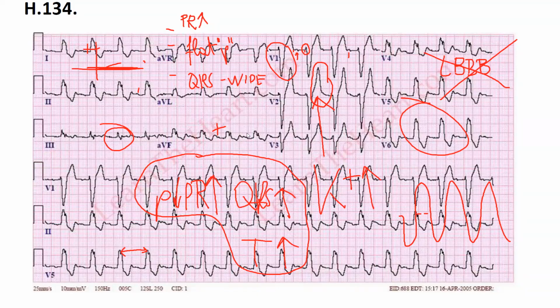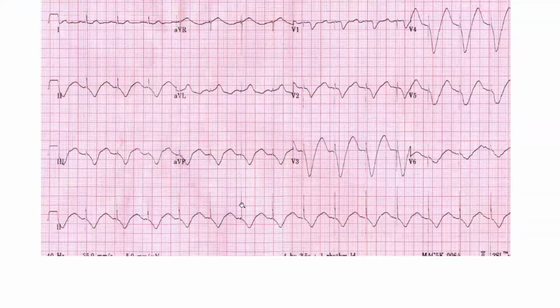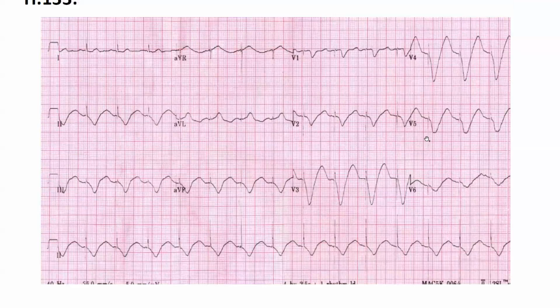See, this is a very severe hyperkalemia here. Which one is the QRS and which is the T wave? I would say that's a T, that's a QRS, but it looks like a QRS complex all the way.